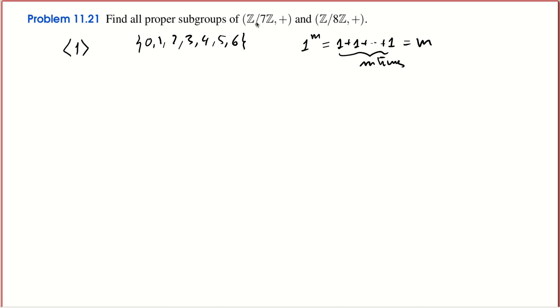So if we focus on this one, the order of the group is 7, which is a prime number. So it's got no proper divisor, so it's only divisible by 7 and 1. So this group has no proper subgroups.